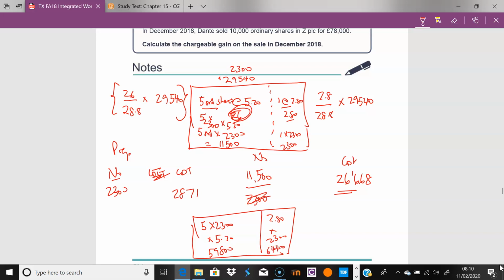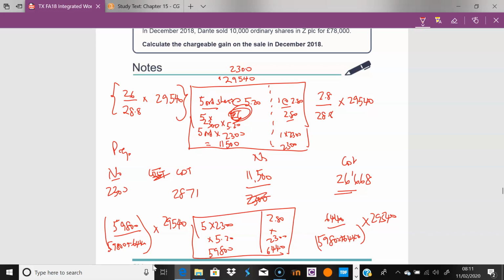So I will split this up on the ratio 59,800 over 59,800 plus 6,440 times 29,540, and here 6,440 over that total times 29,540. My task is to find the cost, and you'll see that you'll get exactly the same thing. Cool.